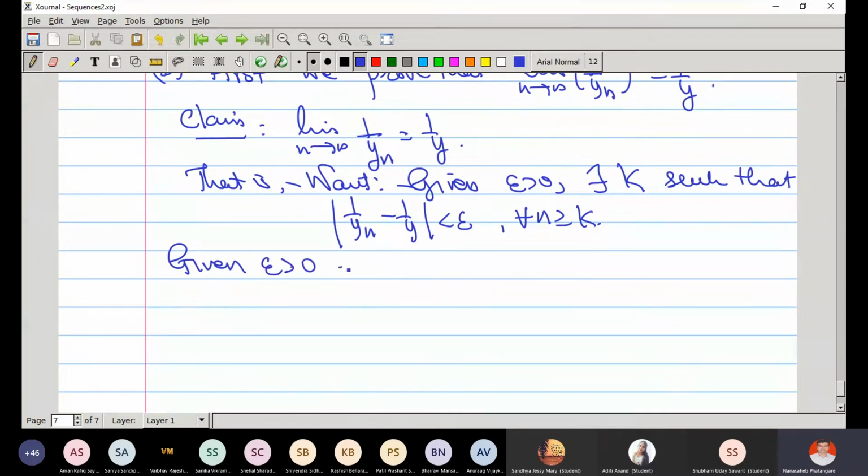Given epsilon. So epsilon is given, now our process begins. Our procedure starts. How to produce k? Our job starts after epsilon, not before epsilon. Unless we know epsilon, we cannot produce k.